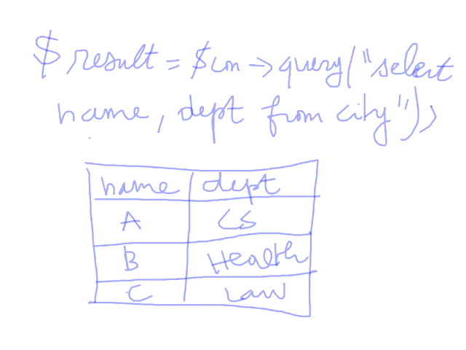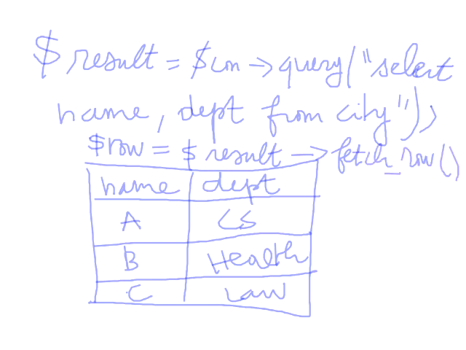so if we write row equal result, after that fetch row, in this case the first row will be here.